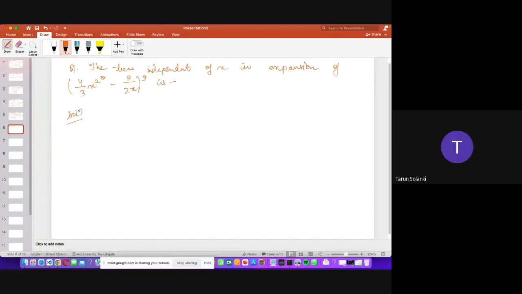Okay, so solving this, we can write it as (x^α + (−1/x^β))^n. Correct.